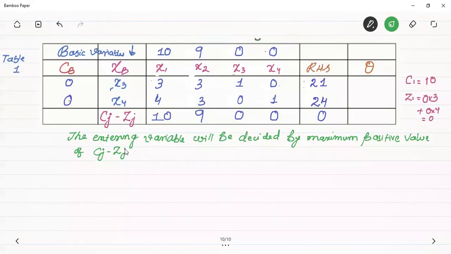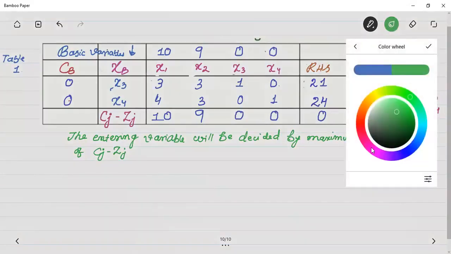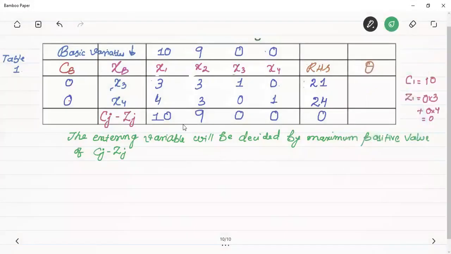Now, what is the maximum positive Cj minus Zj here? Okay, it's simple that it is 10. The maximum Cj minus Zj is 10. Therefore, here we can say that we will have entering variable as what? x1 will be the entering variable. ठीक है, ये 10 किसके column में lie कर रहा है?